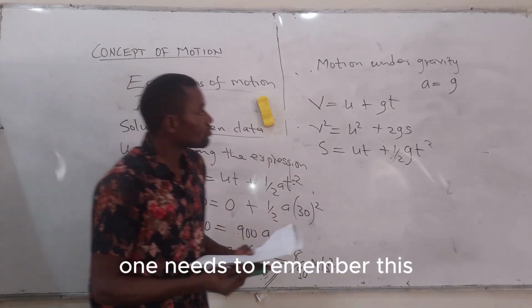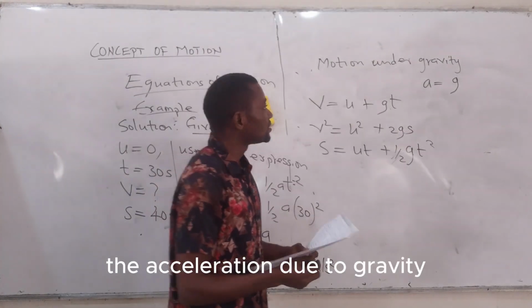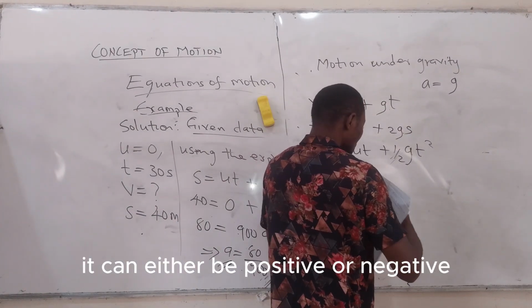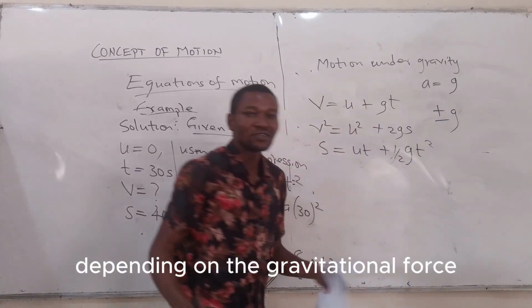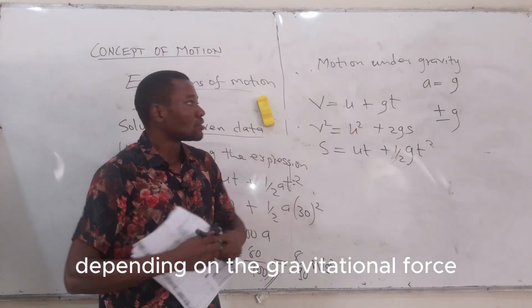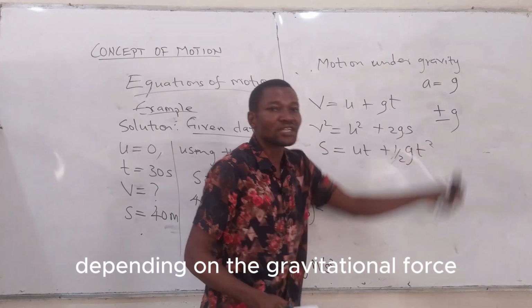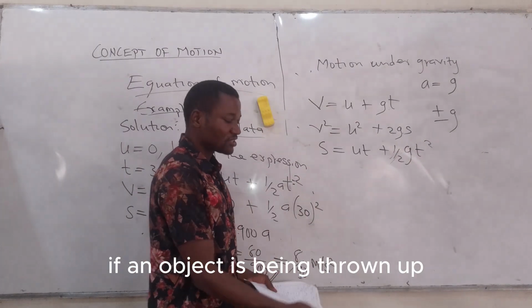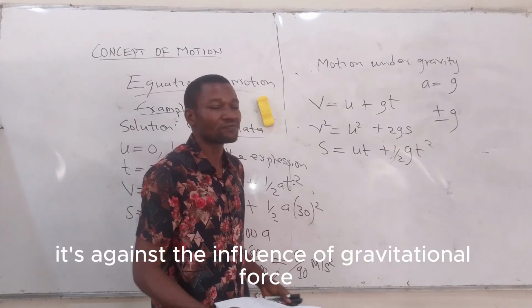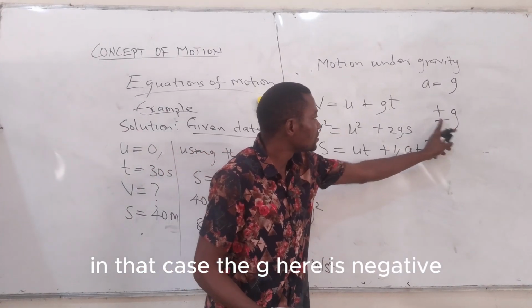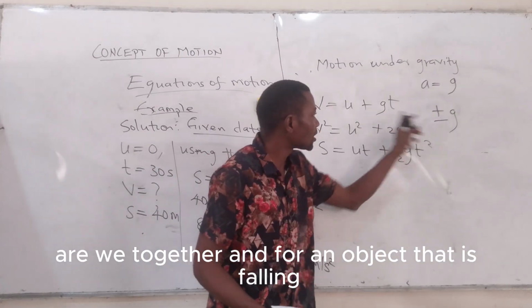Then one needs to remember this. The acceleration due to gravity can either be positive or negative, depending on the gravitational force. If an object is being thrown up, you know it's against the influence of gravitational force. In that case, the g here is negative. Are we together?